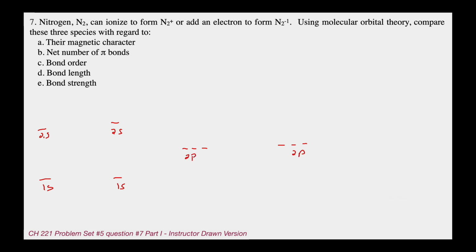So again, the left-hand side, 1s, the right-hand side is the second nitrogen. And like before, they're going to come together to make bonding and anti-bonding. And same thing up here for 2s, sigma 2s and sigma star 2s.